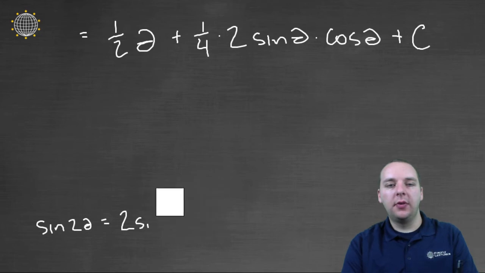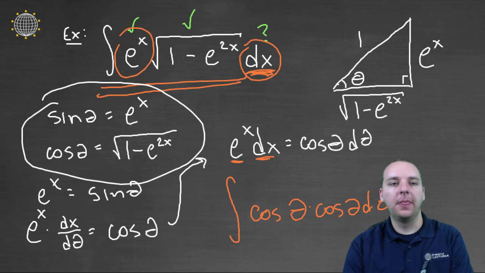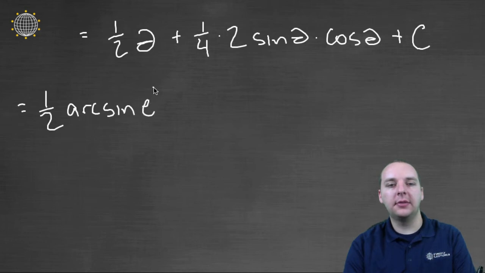All right, and so for our final answer, I'm going to go back and write what these are equal to. So we'll have 1/2. All right, now what is theta? Let's come back here. Well, sine of theta was equal to e to the x. So would it be fair to say that theta would be equal to the arc sine of e to the x? I think it would be.